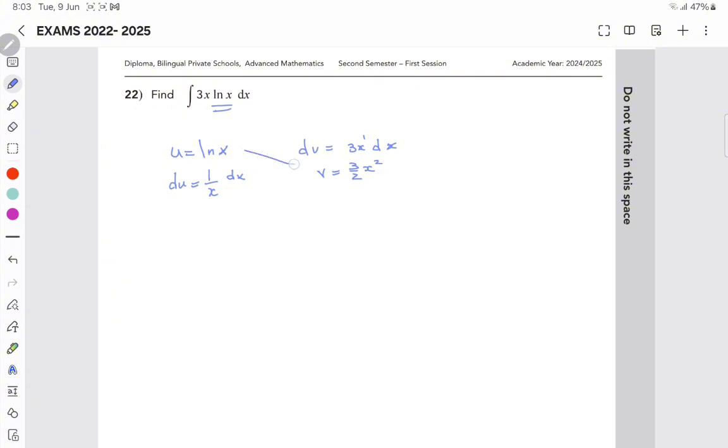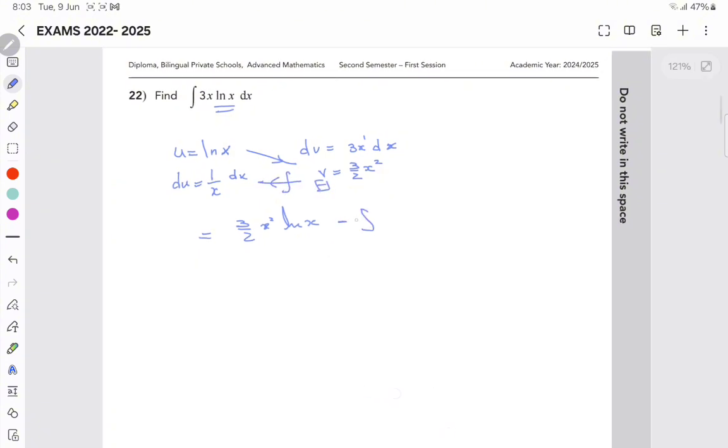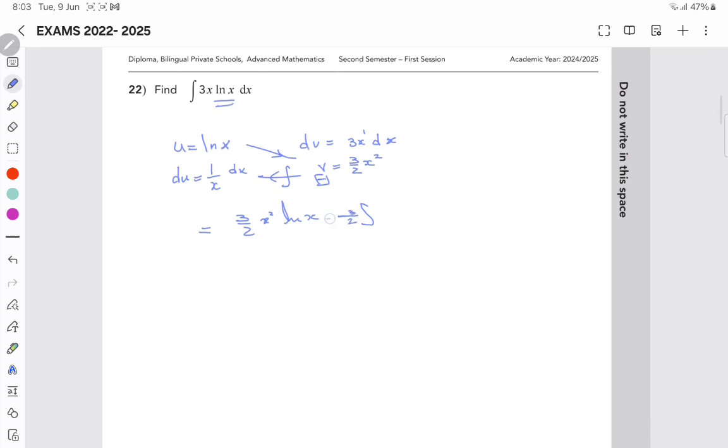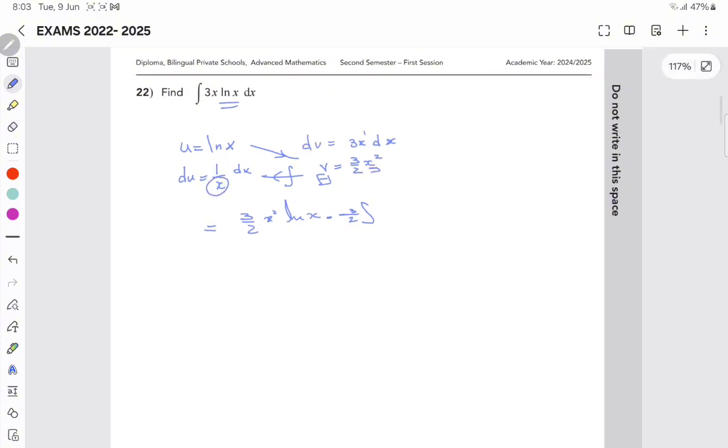Now, for the rule, u times v, it equals 3 over 2 x squared times ln x minus the integral of 3 over 2, a constant value that stays outside, x squared divided by x, which is x, with respect to dx.